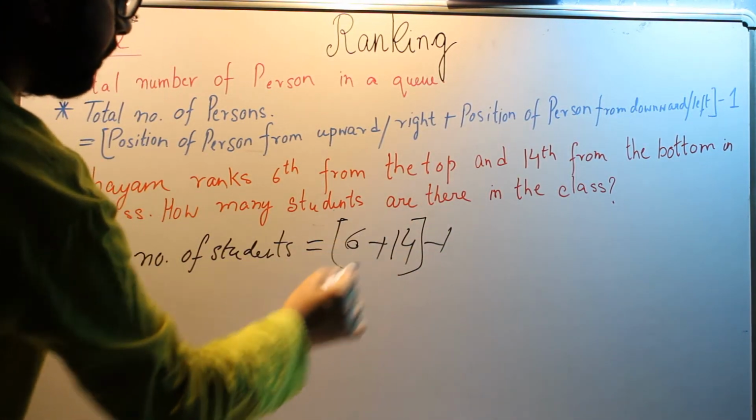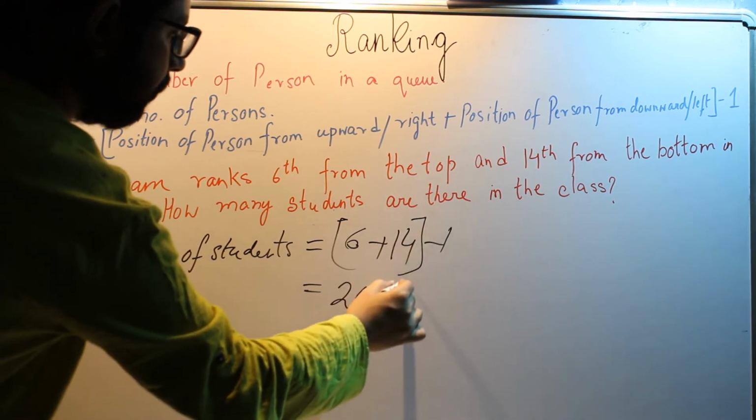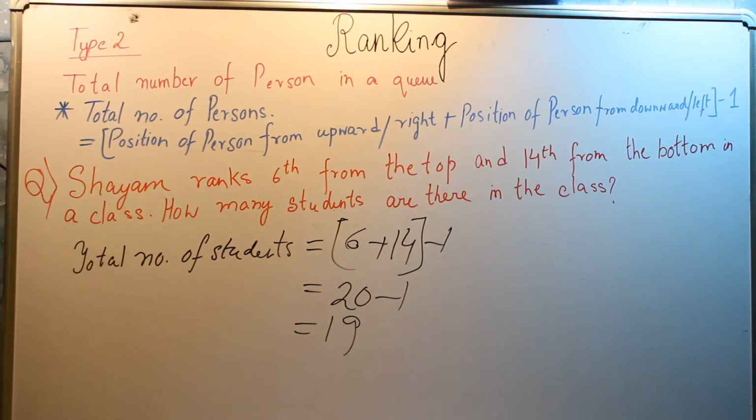So 6 plus 14 is 20, 20 minus 1 is 19. So total number of students is 19.